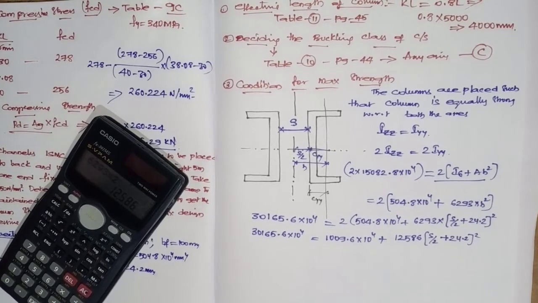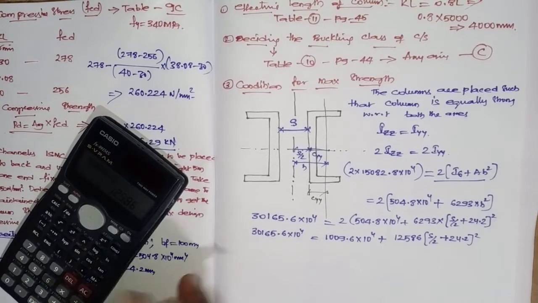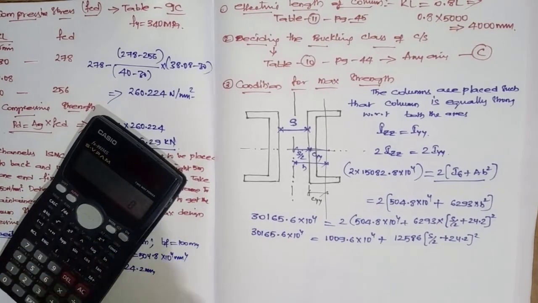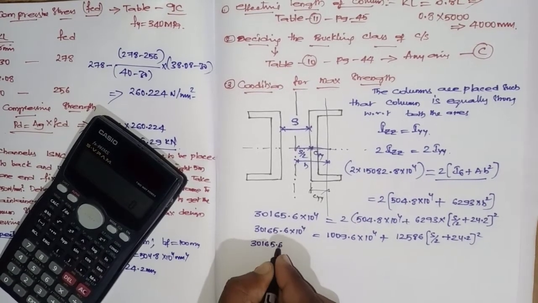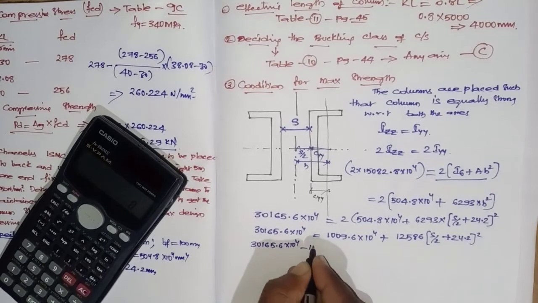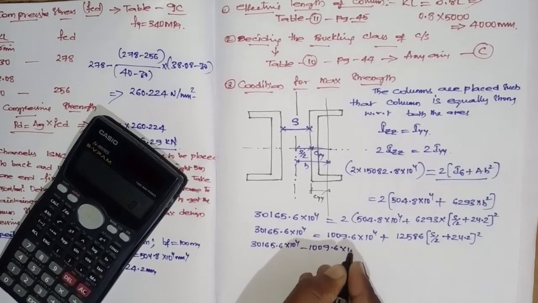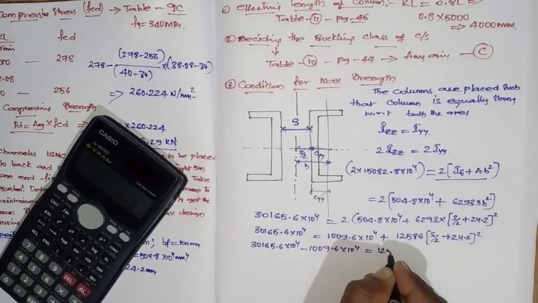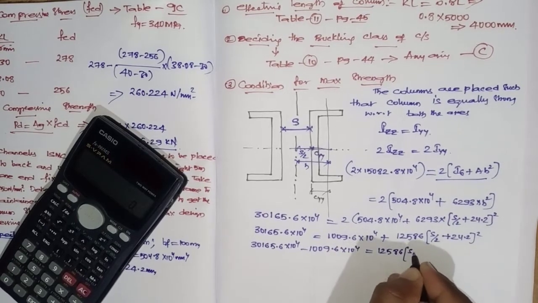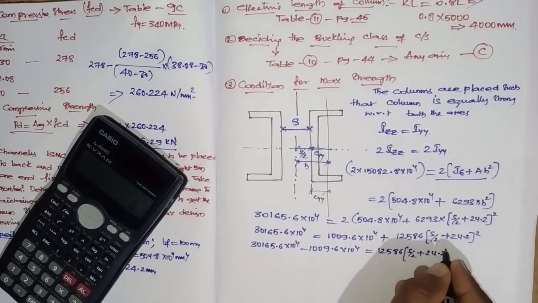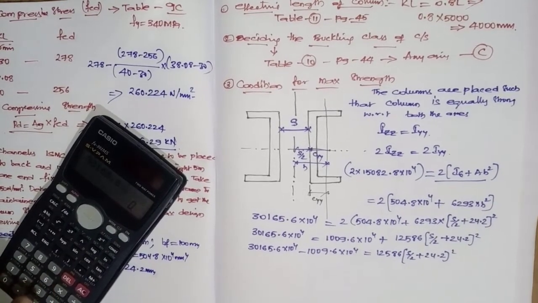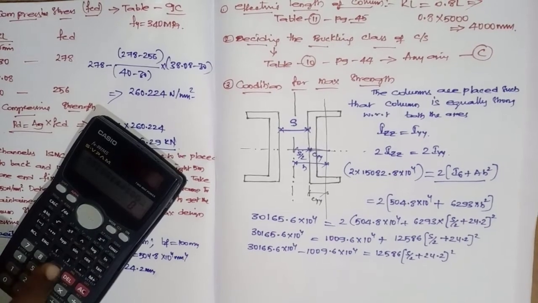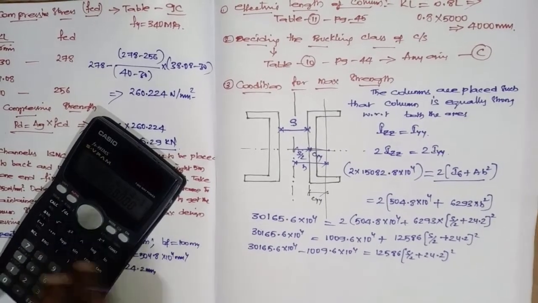Now this one is plus, if I bring this side, it will be minus. So 30165.6 into 10 power 4 minus 1009.6 into 10 power 4 equals 12586 into S by 2 plus 24.2 squared. So how much are you getting?